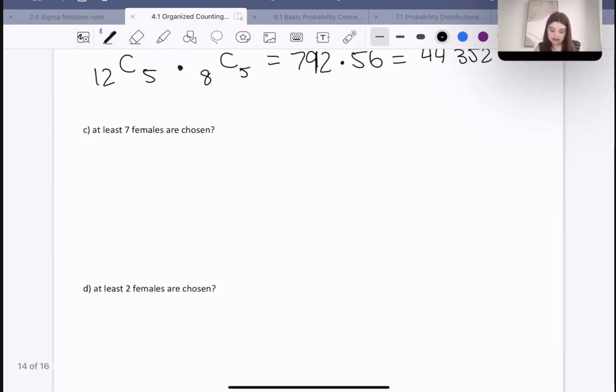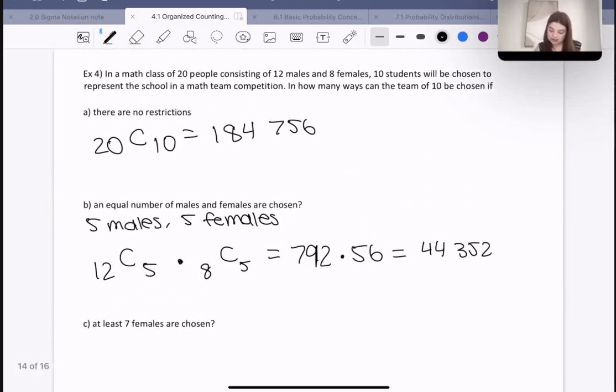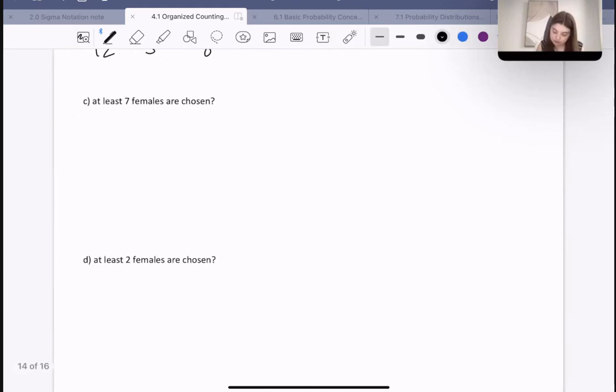C says at least 7 females are chosen. Okay. So basically, if 7 females are chosen or more, there's only 2 ways to make that happen. Either there's exactly 7 females chosen, or there's 8 females chosen, because keep in mind, there's only 8 females in the class. Okay?